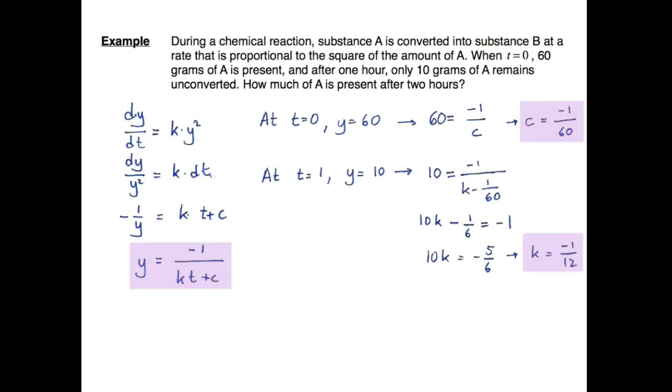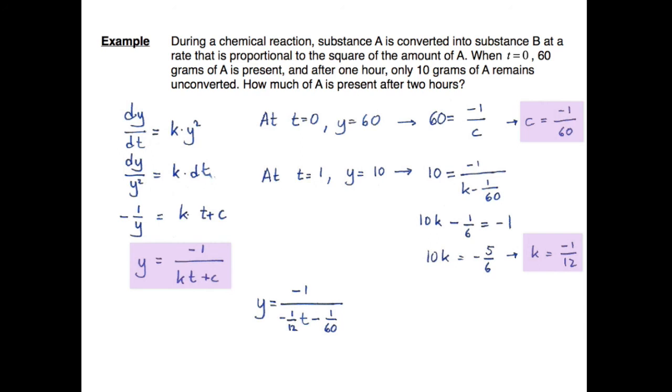Alright, so we had a general solution. We found c, we found k. We can put all of that together. y equals negative 1 over (negative 12t minus 1 over 60). We can work with that a little bit. First, notice how we have negative signs everywhere, so we could change that to y equals 1 over (1 over 12 t plus 1 over 60).